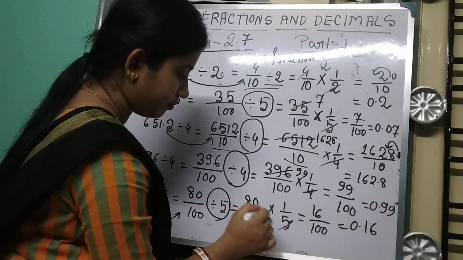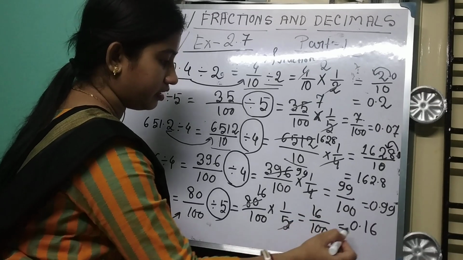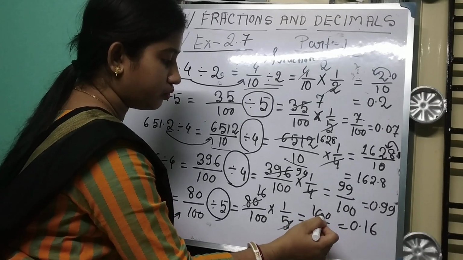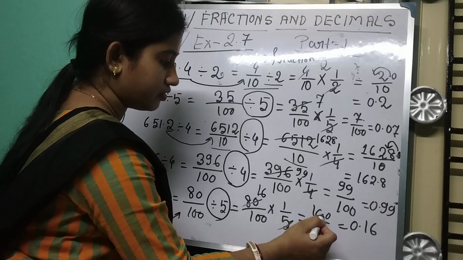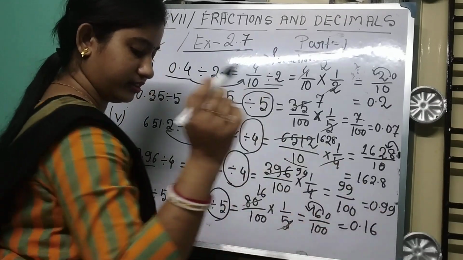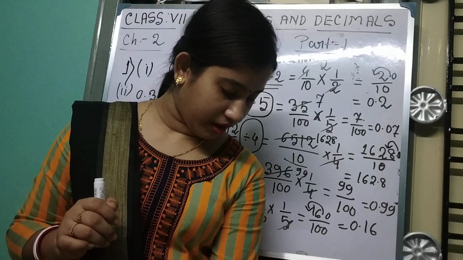So we get 5 16s are 80. So 16 by 100, that means we shift the decimal point by 2 places to the left side. This is 0.16. Now this is number 1.